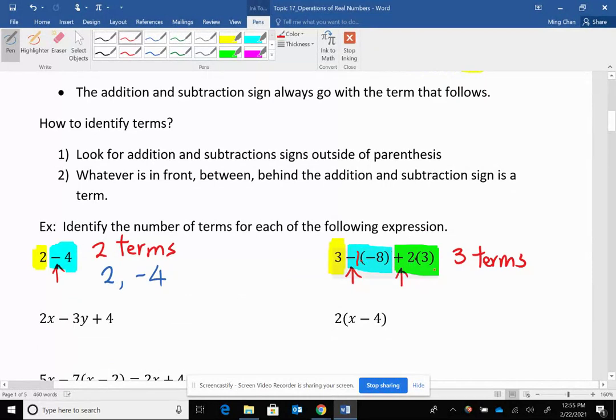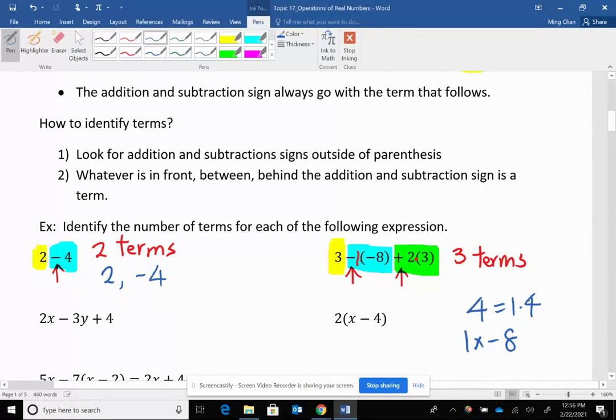Just like this term I highlighted in green: that's positive how much times the 3? That's a positive 2 times the 3. So right here, it's not an imaginary 1. Remember, a long time ago in one of the videos we said that every number is always times 1. So this negative 8 is also times 1 as well.